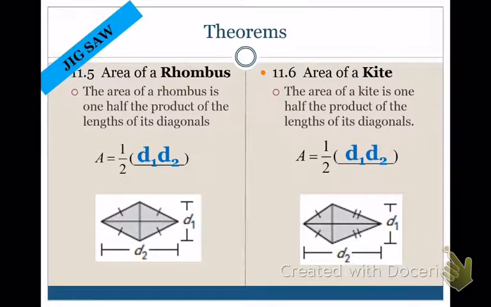Well, if we didn't know the area of a rhombus, we could just cut this up into two triangles and find the area of that. Now, the base of this triangle is the same thing as the diagonal for the rhombus, and true for the other side over here. Okay? The height is going to be this half of the other diagonal, because remember, diagonals are perpendicular in a rhombus.